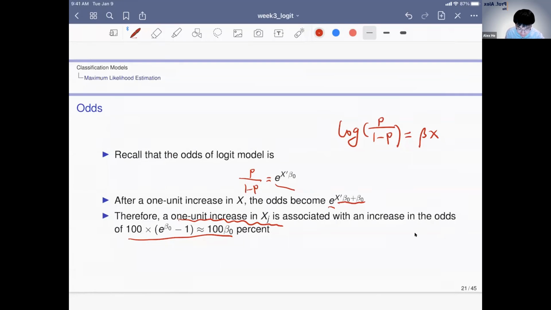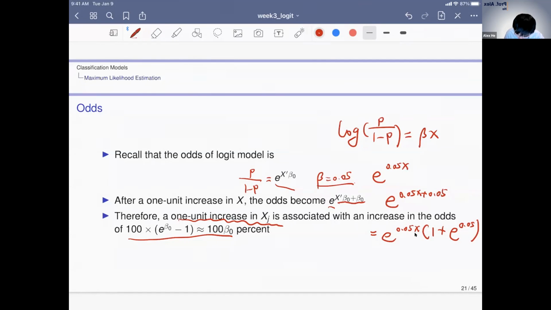So let's try to digest this using an example. Let's say beta equals 0.05. Then the odds is equal to e to the 0.05x. And when you increase x by a unit of 1, it becomes e to the 0.05x plus 0.05, which equals e to the 0.05x times e to the 0.05.